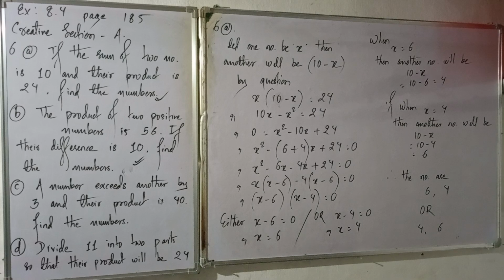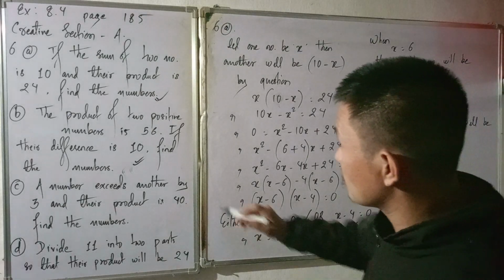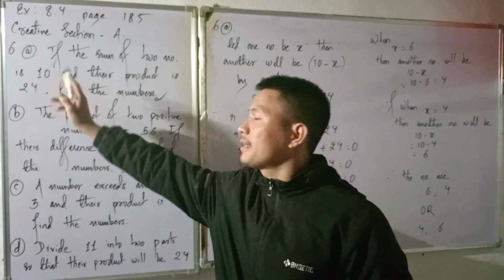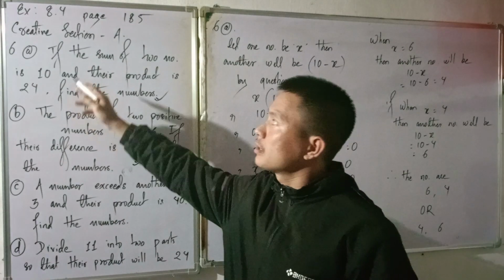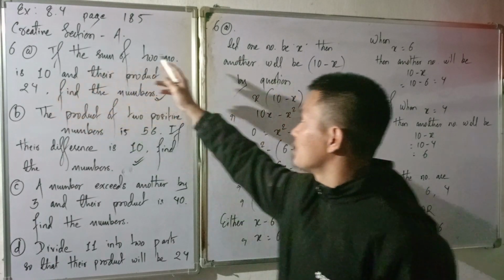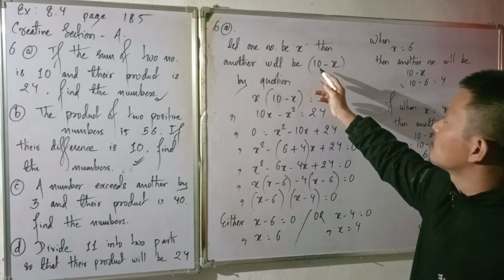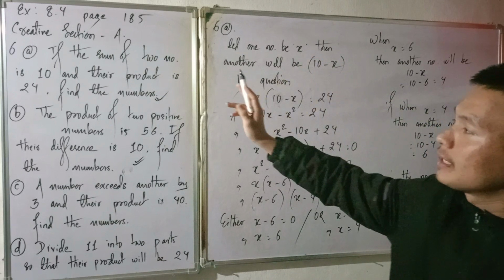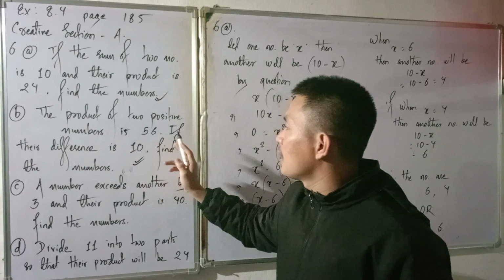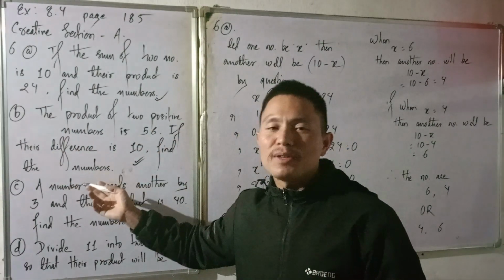So if their difference is 10. In 6a, the sum of two numbers is 10, so we considered one number x and another number 10 minus x. But in this case, here the difference is given, not the sum.